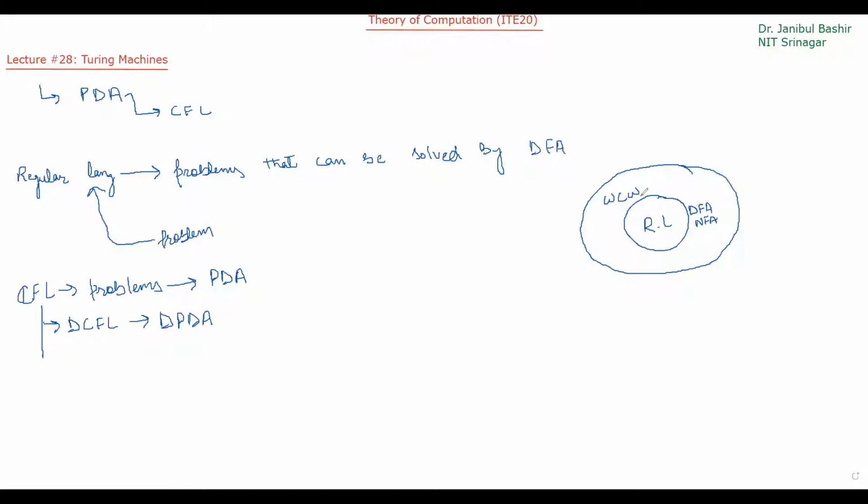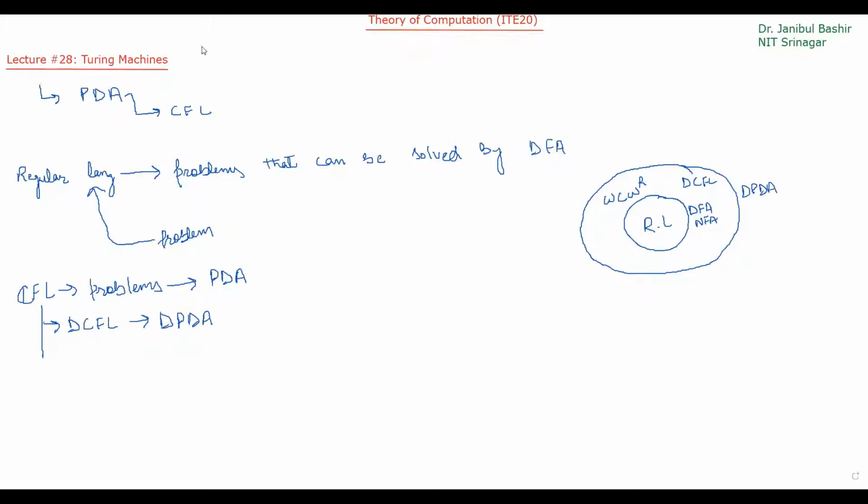For example, problems of this type, w c w or w c w reverse, are deterministic context-free languages, and we know that these problems are solved by a deterministic pushdown automata.